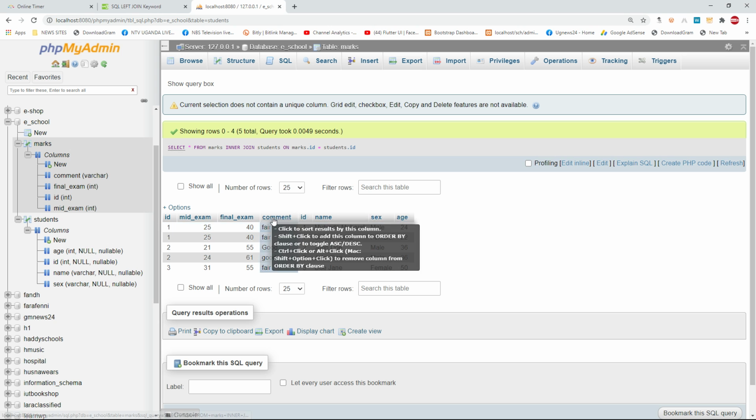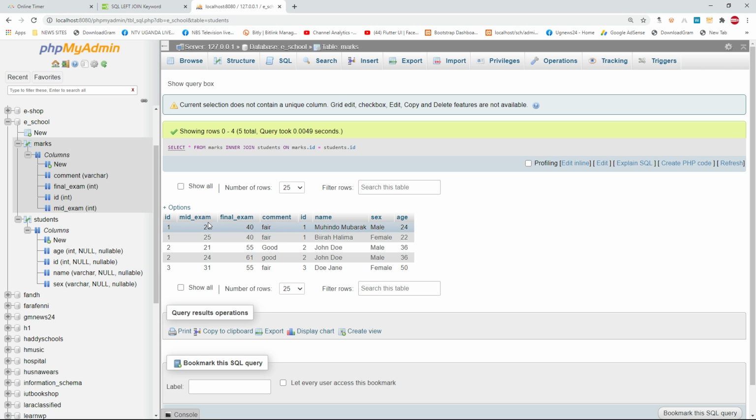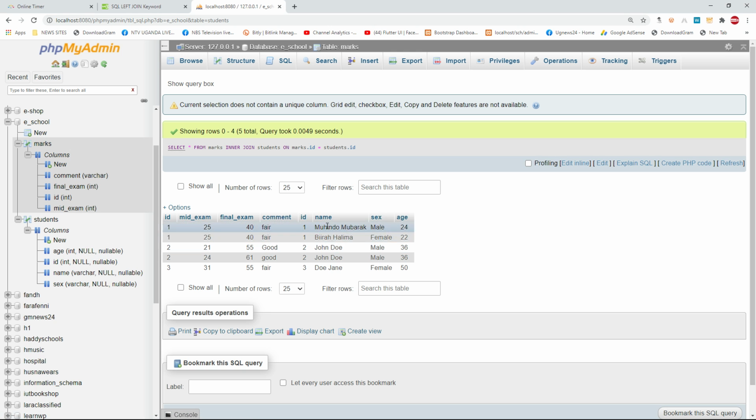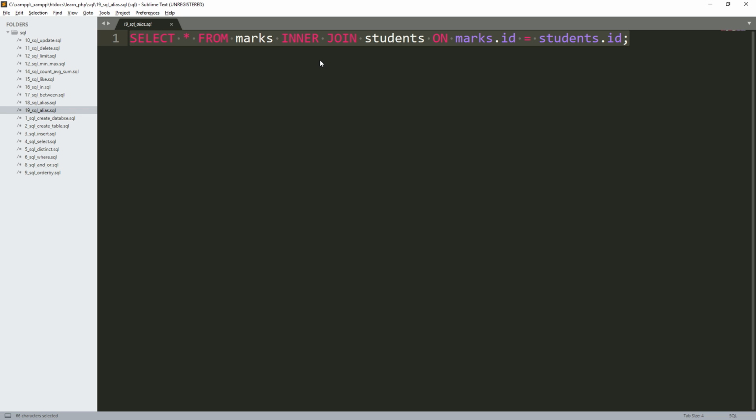can you see everything has been returned? We have the ID, the mark, the student, the final mid mark, final mark, and then the comment, then the ID. So the inner join has joined everything inside the tables. You see, it has joined things from the marks and the students. And how to write inner join?